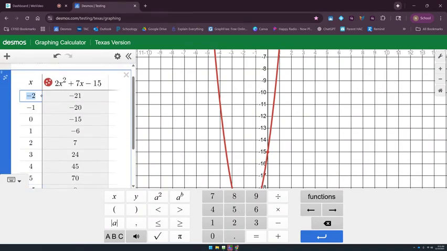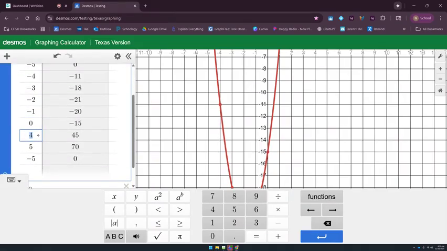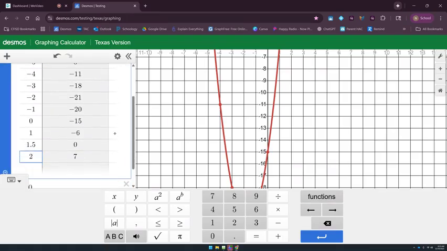And so let's put negative 5 here, and negative 4, negative 3, negative 2, 1, 0, 1, 1.5, 2. Okay, so let's go from negative 5 to 2.